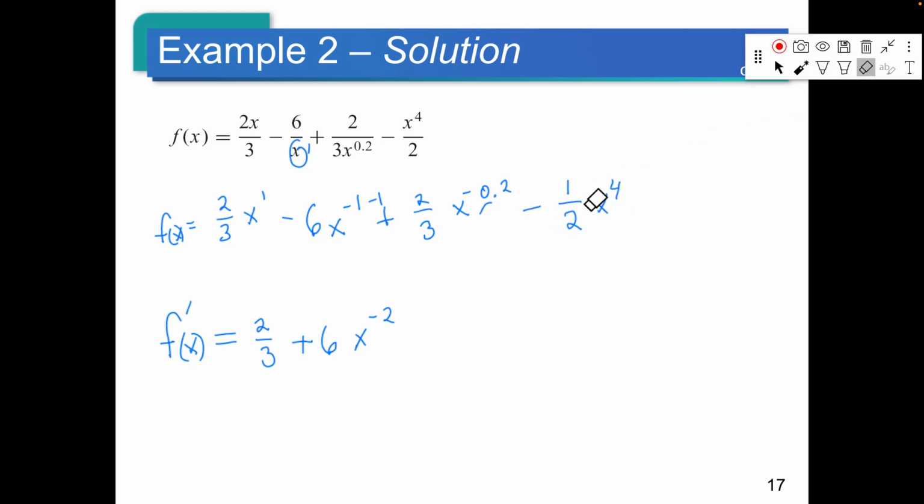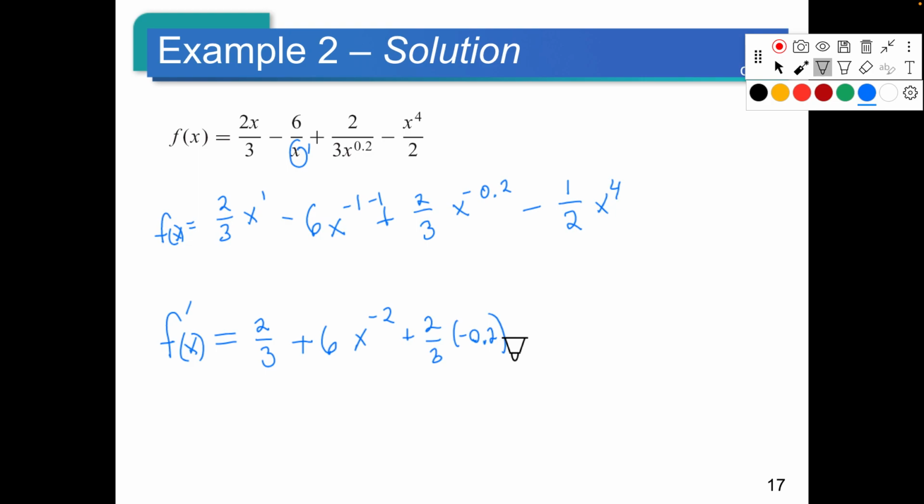Negative 0.2 times 2/3. What I'm going to do, I'm just going to bring it down and put it off, because if I try to do it in my head... I'm just going to show that all I do is bring it down and multiply it.